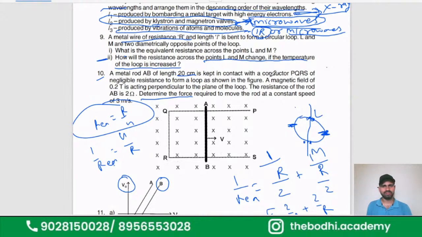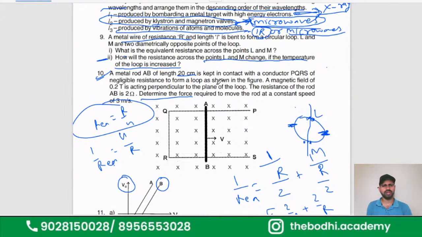Please hurry. Those who know can move on to the 10th question and try solving it again. How will the resistance across the points L and M change if the temperature of the loop is increased?